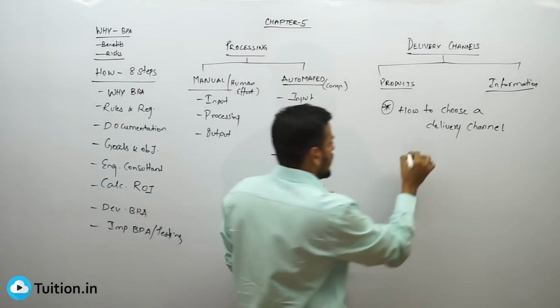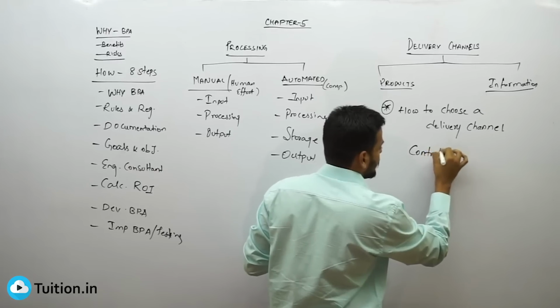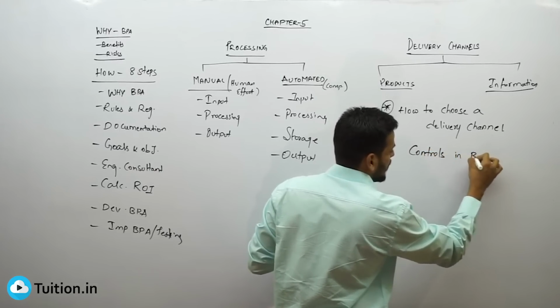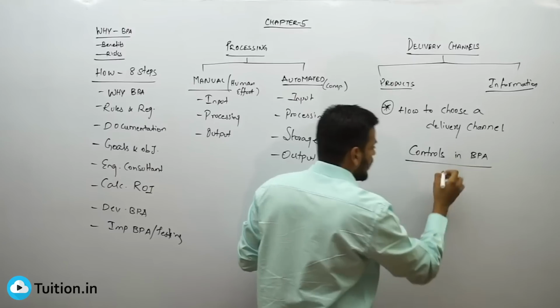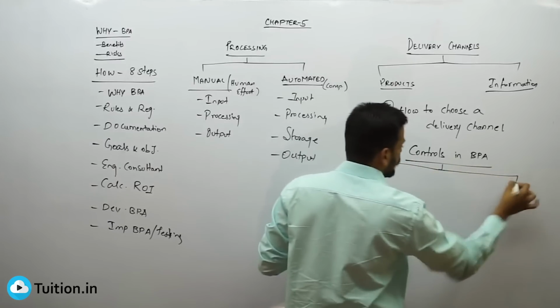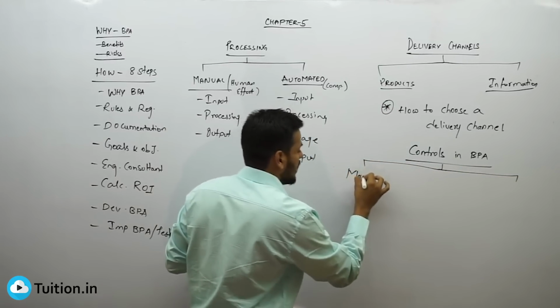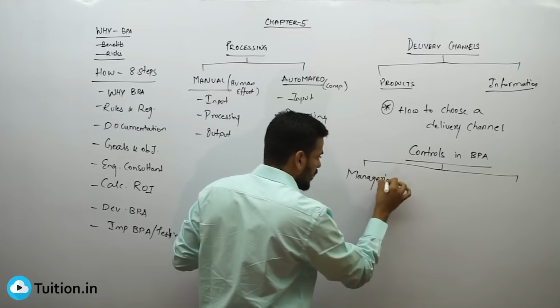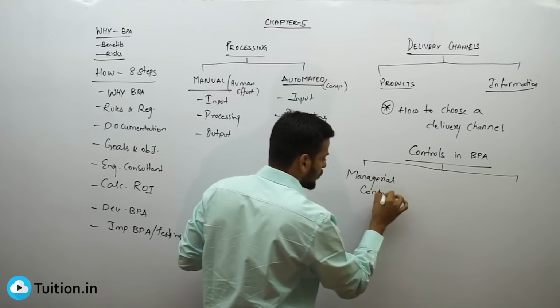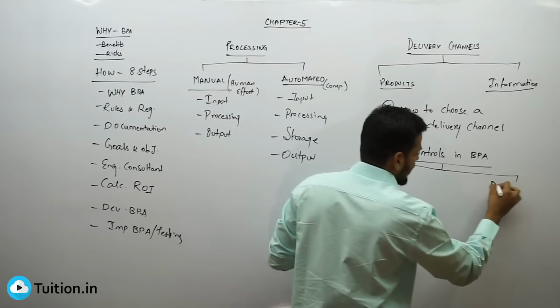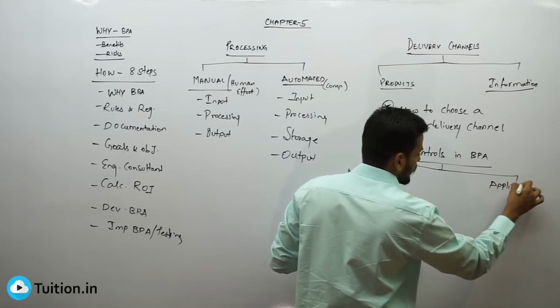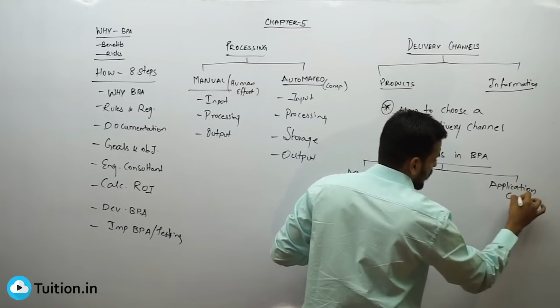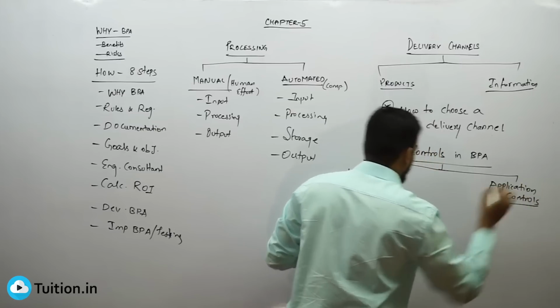And then let me take you through one of the very important and extensive topics in this chapter, controls in BPA. Let's cover this in greater detail. Controls in BPA are classified into 2 categories, guys. Managerial controls, and of course we have application controls. Right, I want everybody to catch up with this particular piece.